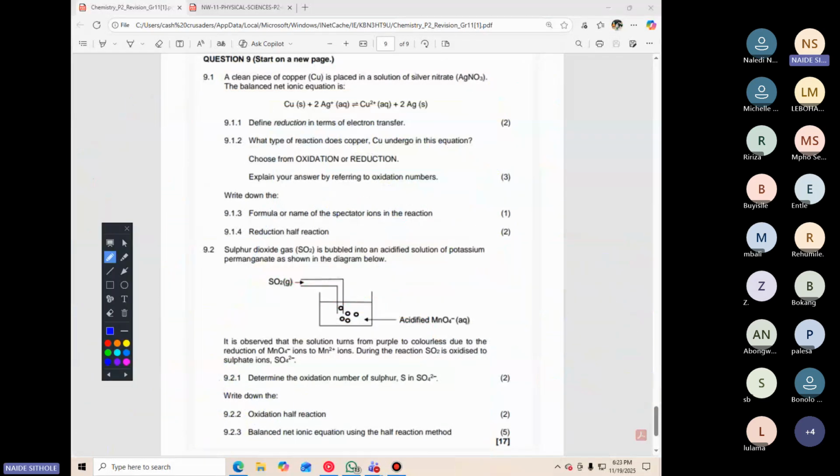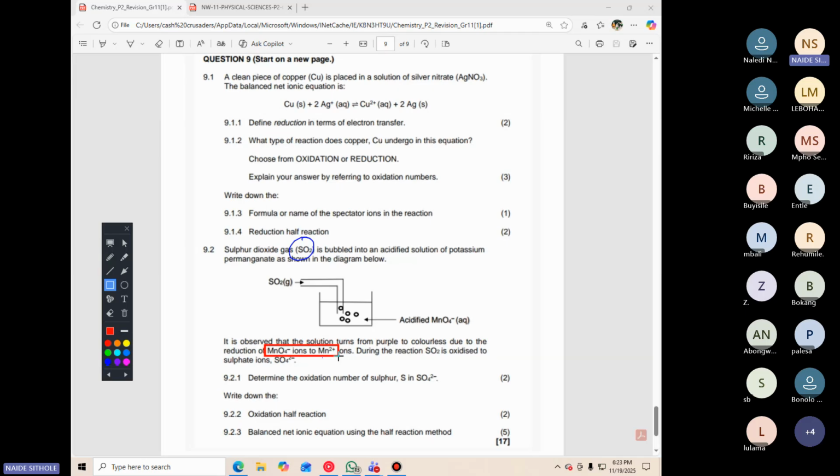Okay, 9.2 says sulfur dioxide, SO2, is bubbled into an acidified solution of potassium permanganate as shown in the diagram below. It is observed that the solution turns from purple to colorless due to the reduction of MnO4 minus ions to Mn2+. So let's note that one down. They are saying MnO4 minus is being reduced to Mn2+.